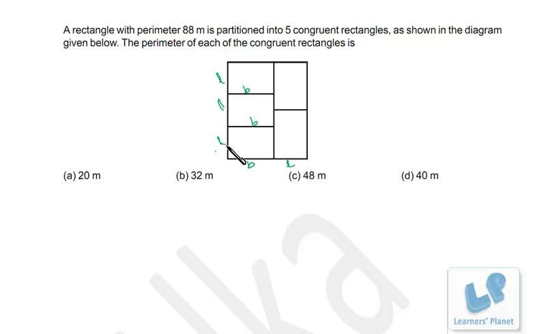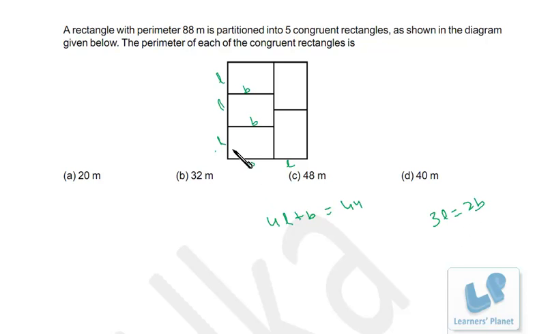L plus L plus L plus B plus L, that is 4L plus B, is given as 44, that is half of the perimeter, length plus breadth. Apart from that, this length is B and this length is B, that is 3L. That means 3L is equal to 2B.